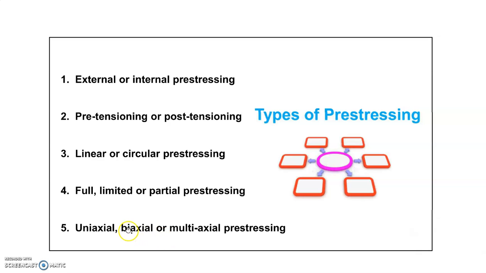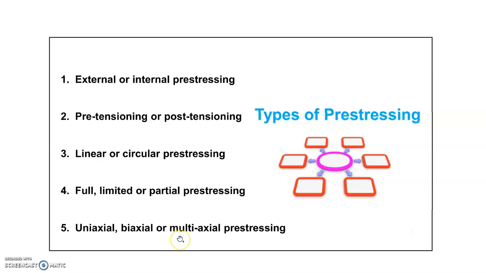If pre-stressing is adopted in only one direction, it is called uniaxial, for a beam. For biaxial, if pre-stressing is adopted in both directions, it is known as biaxial pre-stressing. The best example is pre-stressing adopted in slabs.